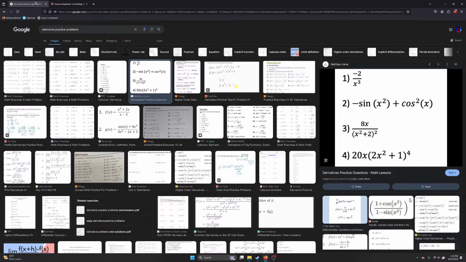Okay, next part. This is g. g prime. What's the derivative of this? 4 times (2x squared plus 1) cubed.